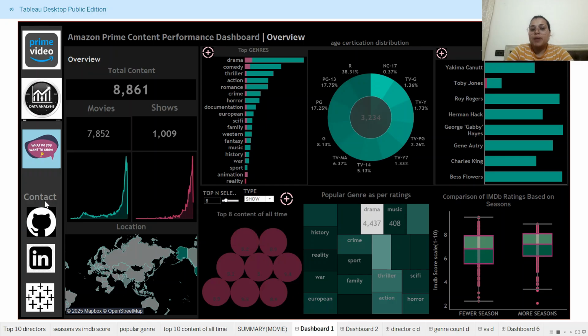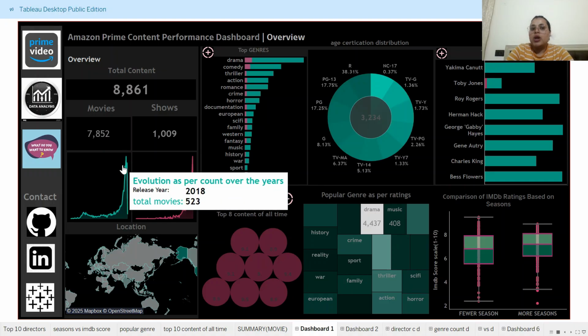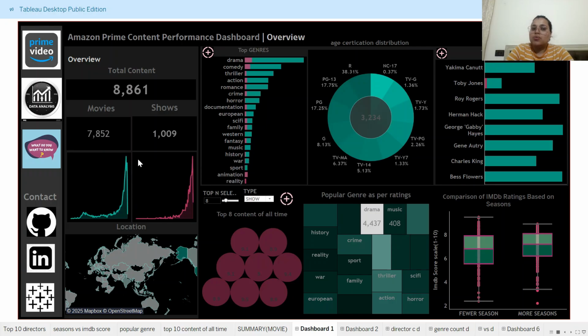So by that time it was growing, but there could be other reasons too, though I think the most important reason would be COVID only. That is why we are seeing this decline. Also, we can see that the number of movies is much higher than the total number of shows. So basically Amazon Prime content is focusing on movies more.